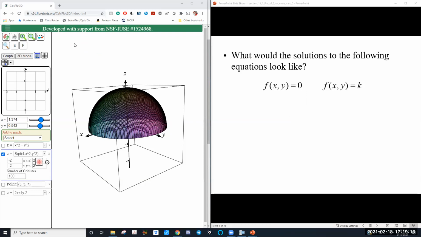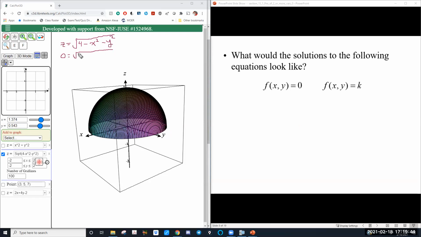We're going to stick with the same function, z equals square root of 4 minus x squared minus y squared. Now, what we can do is we can set z to be particular values, because that's something that can be plotted in 2D. So maybe we set z equal to 0.